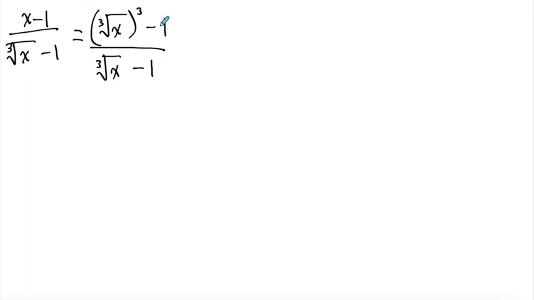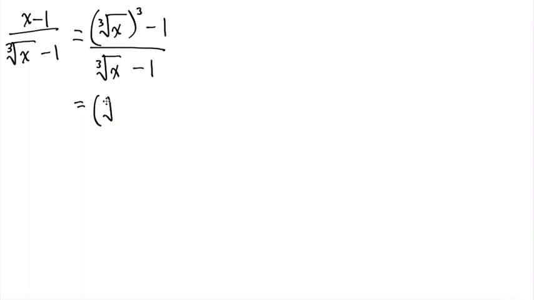And so what I end up having in the numerator is a difference of cubes. And I know from my work with algebra that the difference of cubes is the same as finding the difference of the cubed roots.